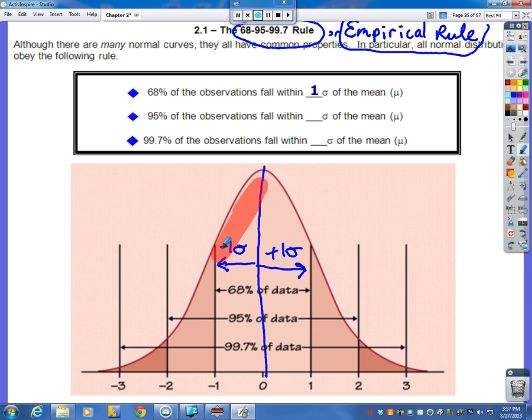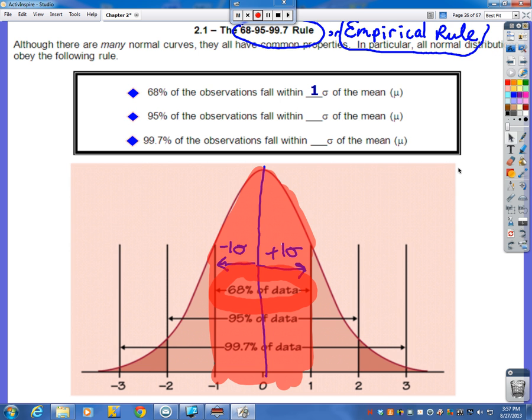Okay, this much right here, because remember we said the area underneath any density curve, including normal curves, is 100% or 1. Well, here's about 68% of the 100% right here. If you were to go down and up 1 standard deviation, there's about 68%.